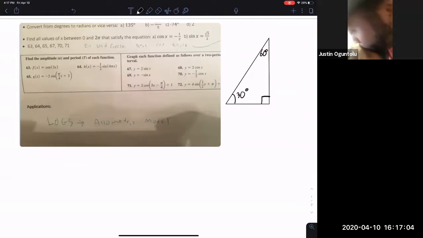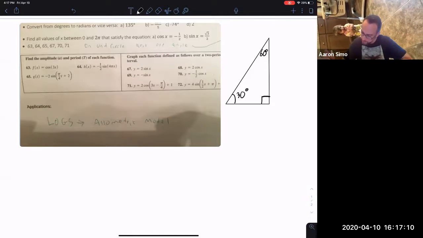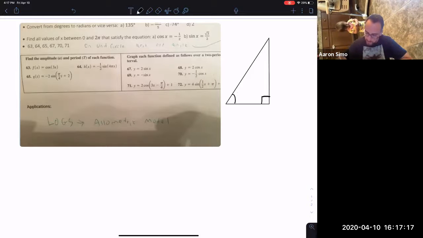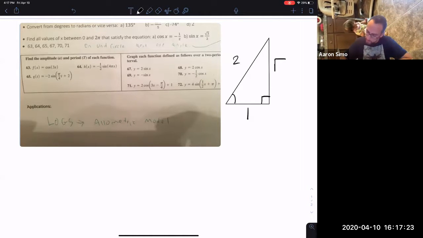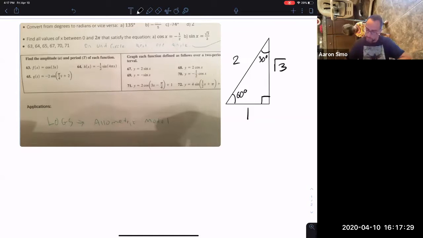The opposite side of 30, actually this would be 30 because this angle is the smallest, so this side is the smallest down here. That's 1, this is 2, and then √3. Does this look familiar? It does, this sort of triangle.